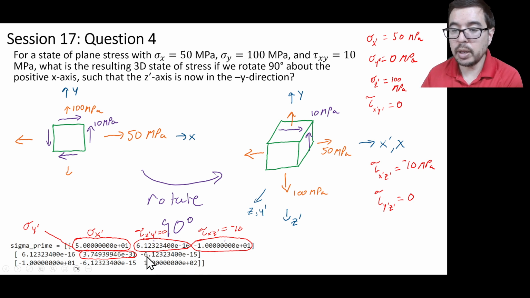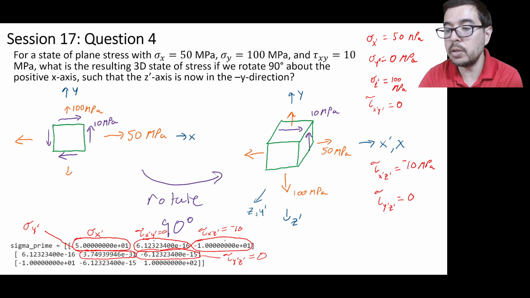This component right here is going to be tau y prime z prime, and for our intents and purposes that is also 0. So we have tau y prime z prime equals 0, so that checks out.